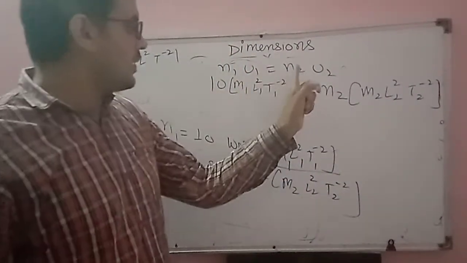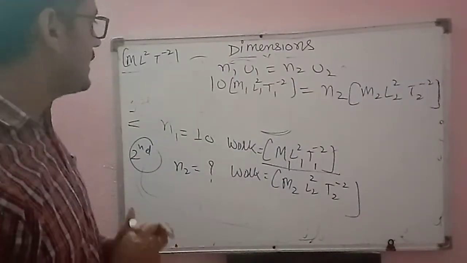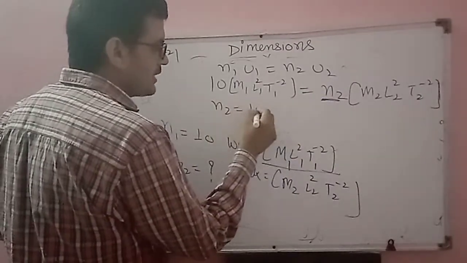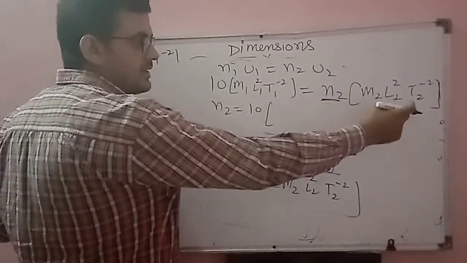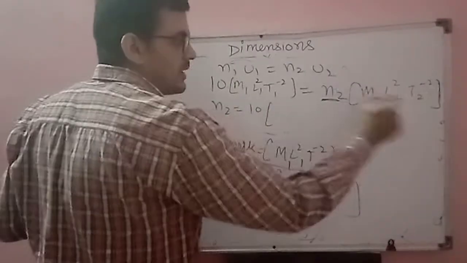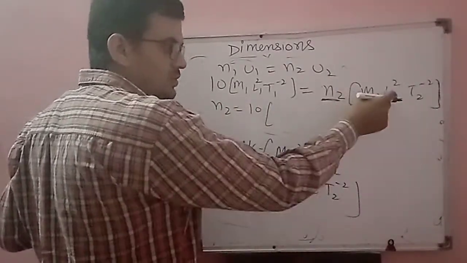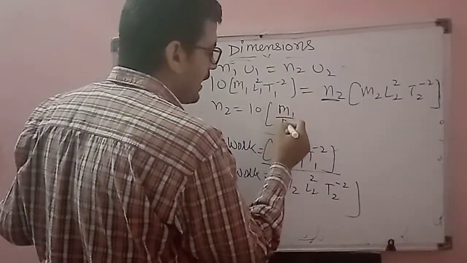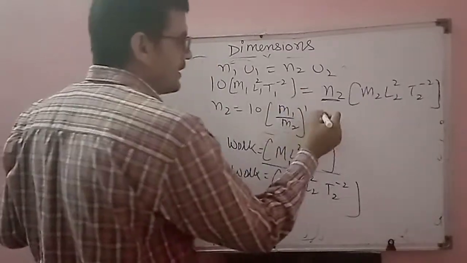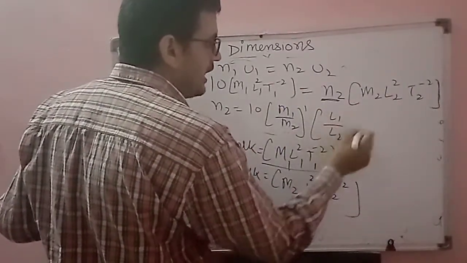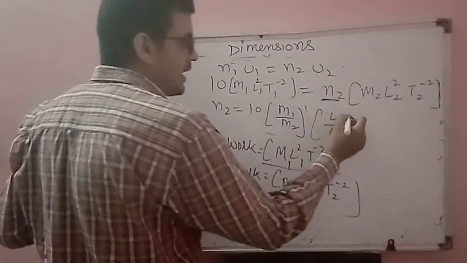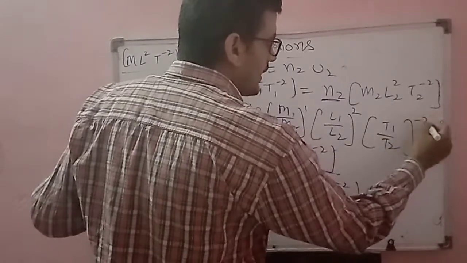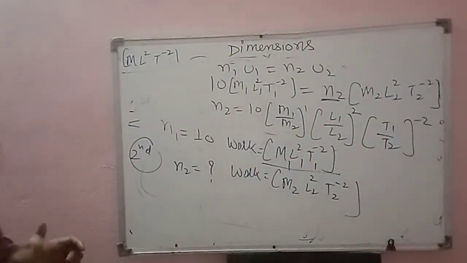N1 U1 equal to N2 U2. Okay, student. Now we have to find out N2. N2 equal to 10. Divide both sides by this value because I have to find out the value of N2. So you can do cross multiplication. So it will be M1 over M2 power 1, L1 over L2 both with the power 2, T1 over T2 power minus 2. Okay, student?